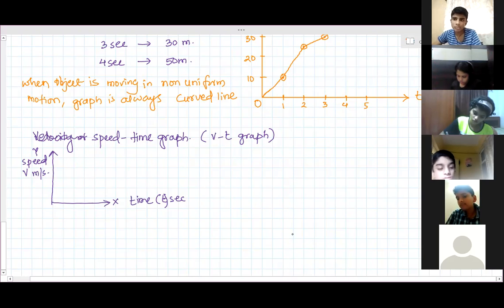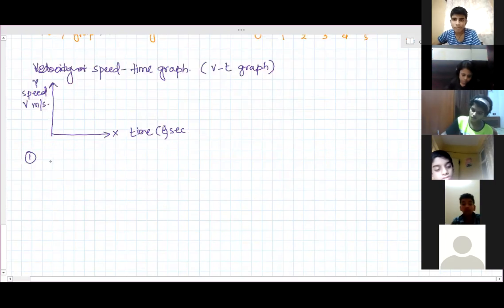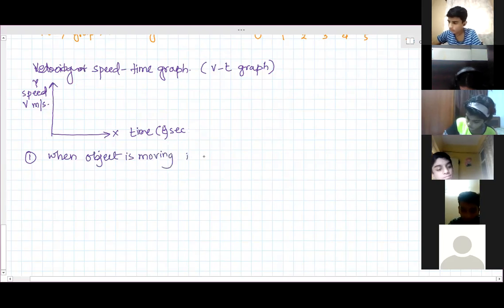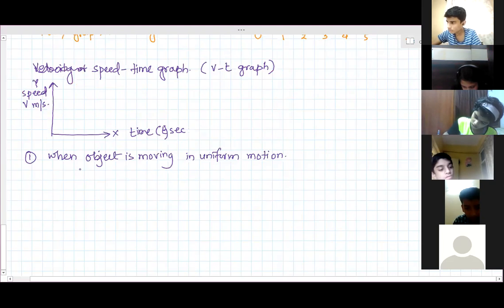Now the first condition: when the object is moving in uniform motion.